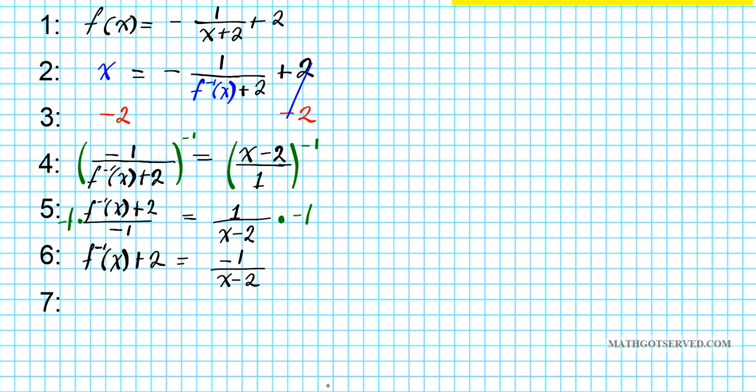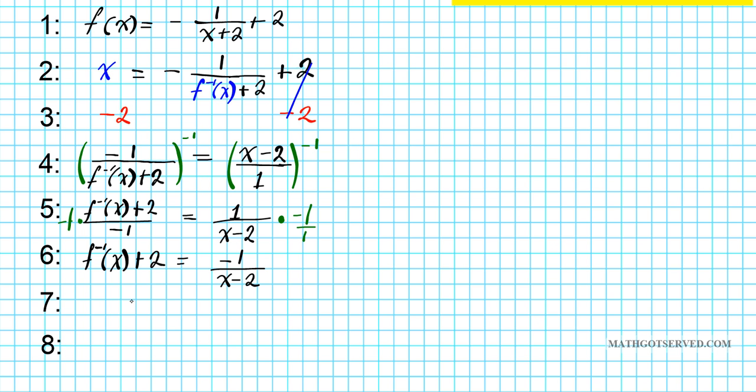We achieve this by writing negative 1 as a fraction: we multiply negative 1 times 1, it's negative 1, and then 1 times x minus 2 is x minus 2. Last but not least, we'll subtract 2 from both sides of the equation. Let's go ahead and do that.